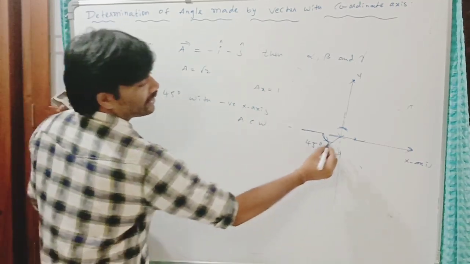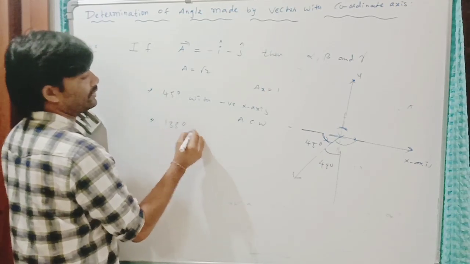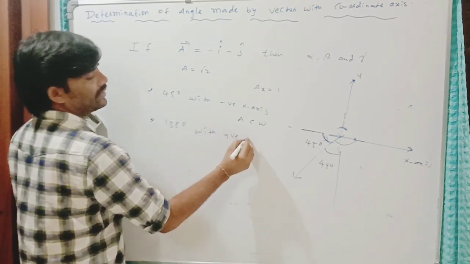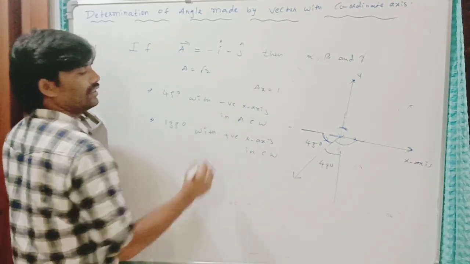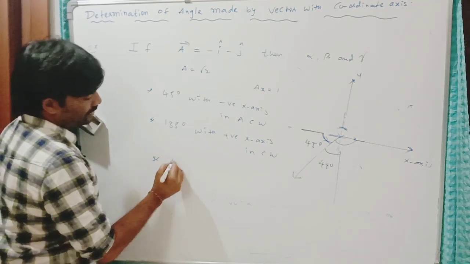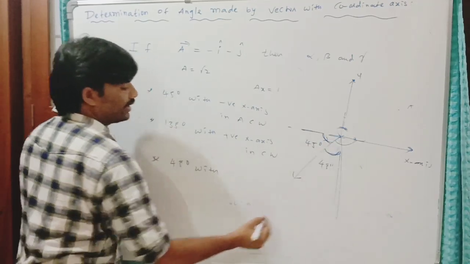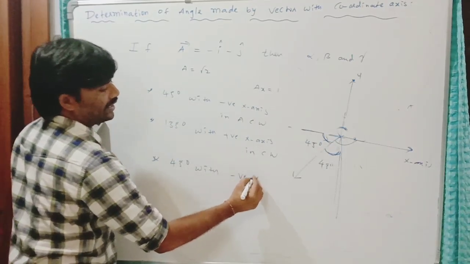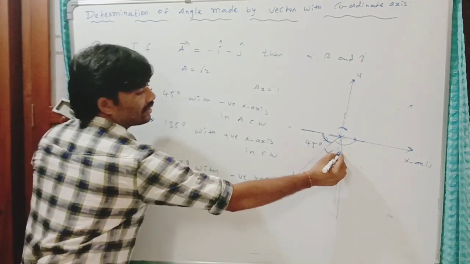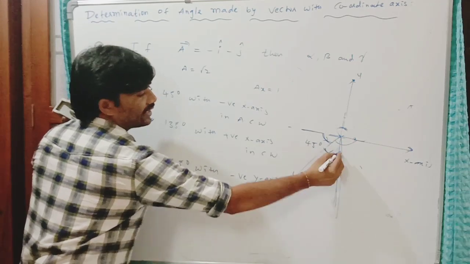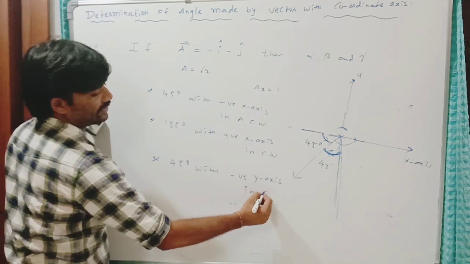And what is the angle made with the positive x-axis? 135 degrees with the positive x-axis in clockwise. Or you can say 45 degrees with the negative y-axis. You should measure the angle from this axis towards this vector, so that is in clockwise.